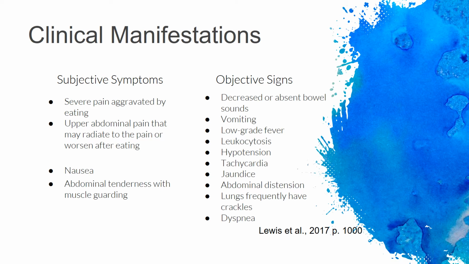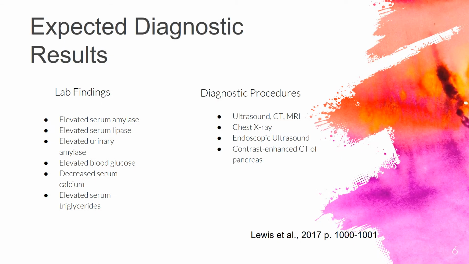Also, pancreatitis generally is suspected when the patient has symptoms and risk factors such as heavy alcohol ingestion. And diagnosis today is aided by a number of new techniques, where before it was a little bit difficult to diagnose pancreatitis.